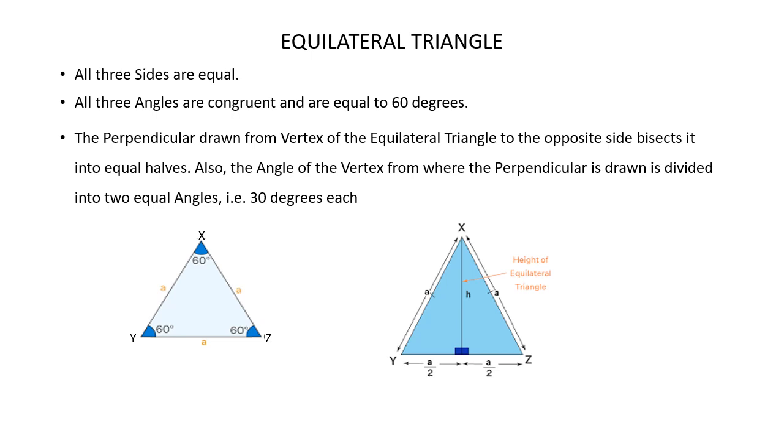So this perpendicular will divide YZ into two equal halves where each half is equal to a by 2. Also, this perpendicular divides the angle of the vertex X into two equal angles. Now we know that angle X is 60 degrees. So each of these angles will be 30 degrees.